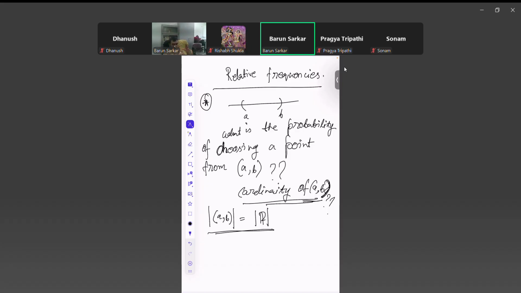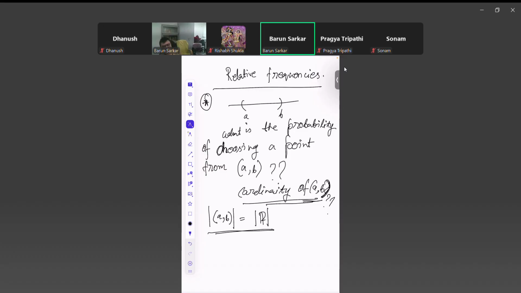What will be the probability of choosing a point from AB? You try with the definition.